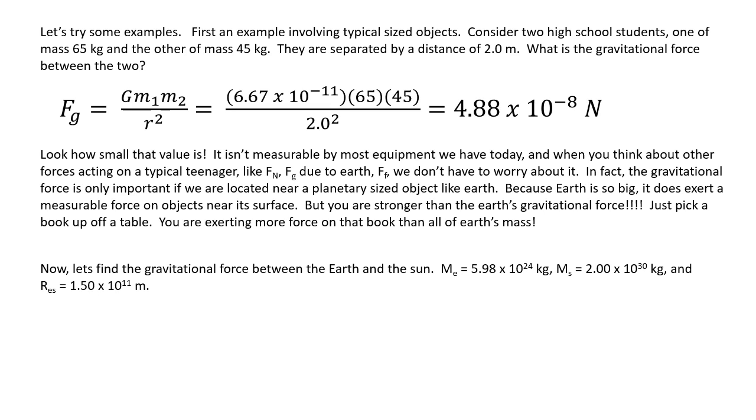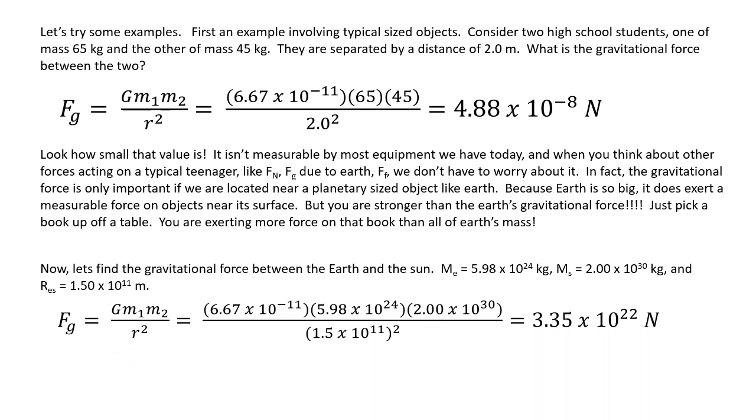Now, let's find the gravitational force between the Earth and the Sun. The mass of the Earth is 5.98 times 10 to the 24th kilograms. Mass of the Sun, 2.00 times 10 to the 30th kilograms. And then the radius, or the distance between the Earth and the Sun, is 1.5 times 10 to the 11th meters.